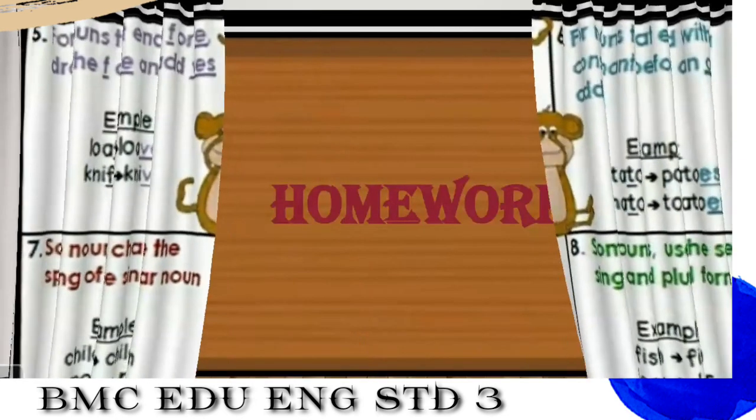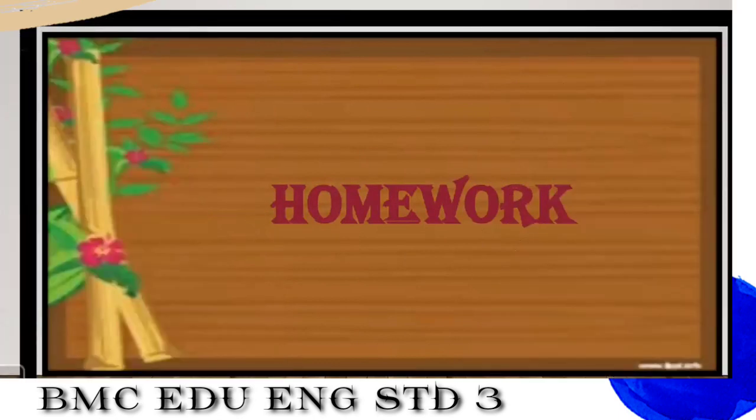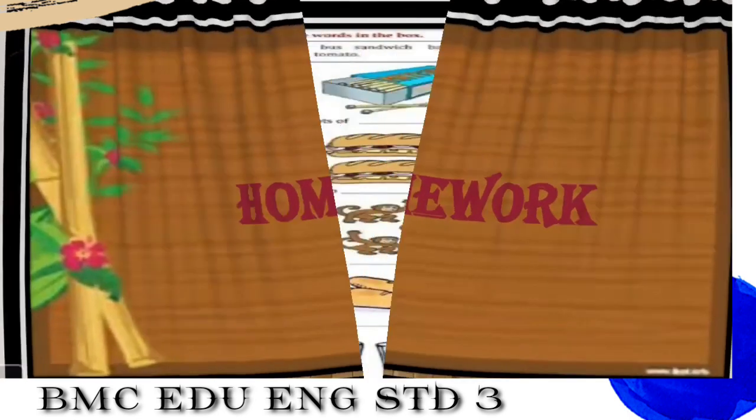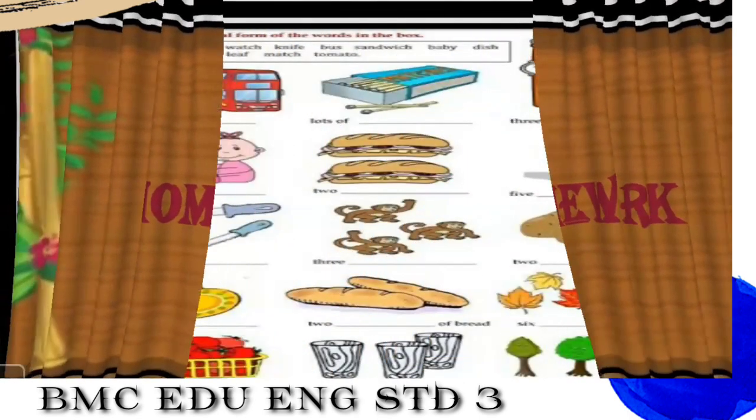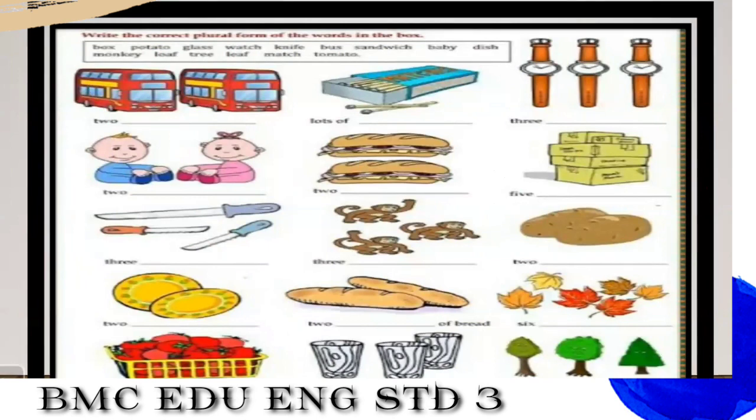Now it's homework time. So I hope all of you had understood the rules of the plural, the concept of singular and plural. So now it's the homework time. So what you have to do, see here, the pictures are given. Write the correct plural form of the words in the box.